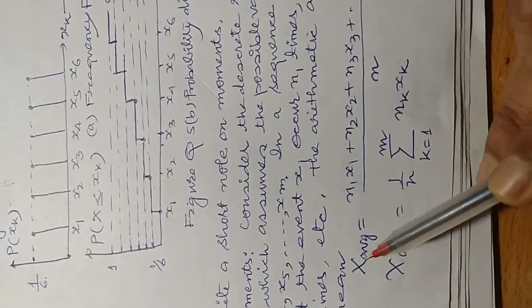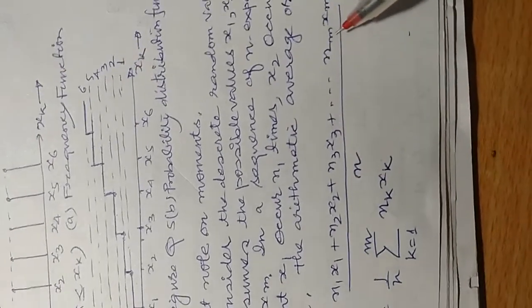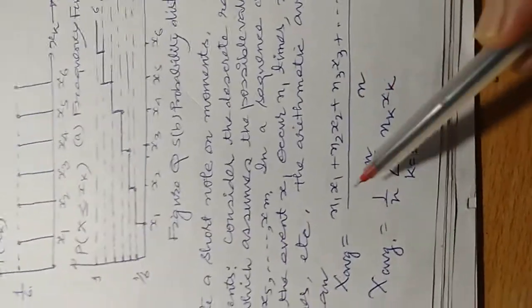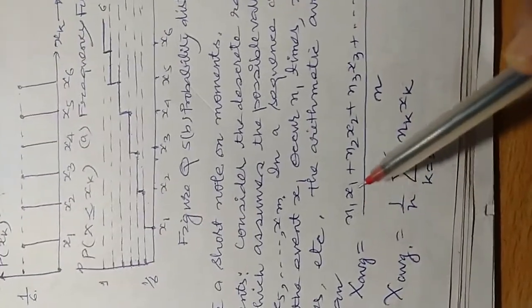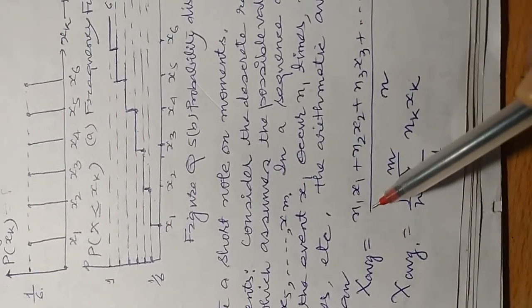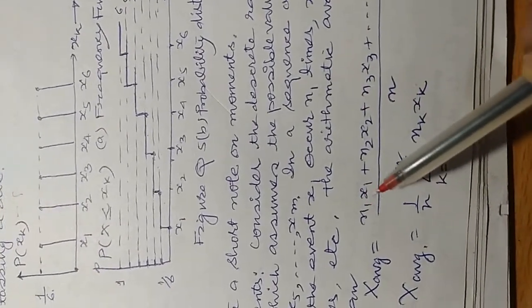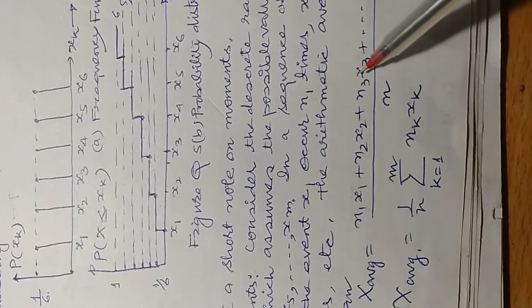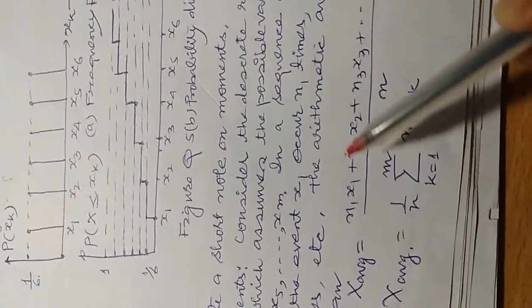Here we are indicating x average, and we have written n1 x1 plus n2 x2 plus n3 x3 plus dot dot dot plus nm xm, divided by n. If n is very large, you can divide individually: n1 divided by n times x1, plus n2 divided by n times x2, plus n3 divided by n times x3, plus dot dot dot nm divided by n times xm.